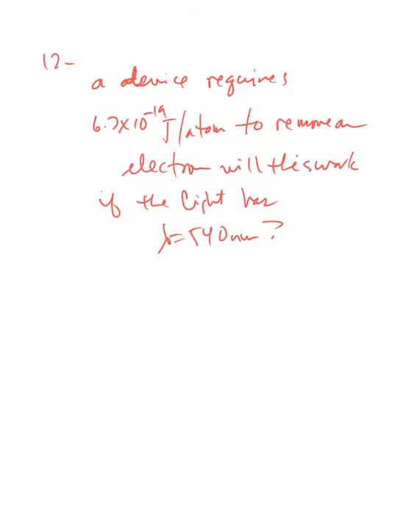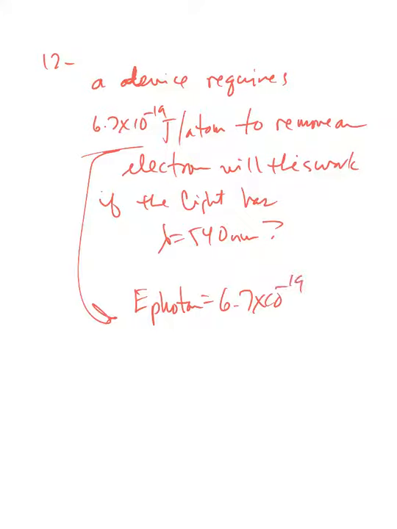Okay? So what you need to do is take this energy, so the energy of the photon is 6.7 times 10 to the minus 19th joules, and you need to solve for wavelength.